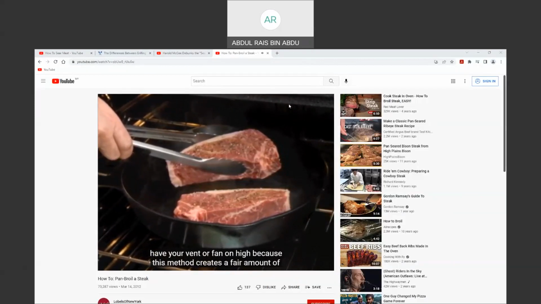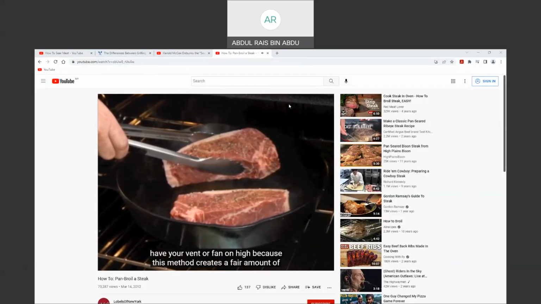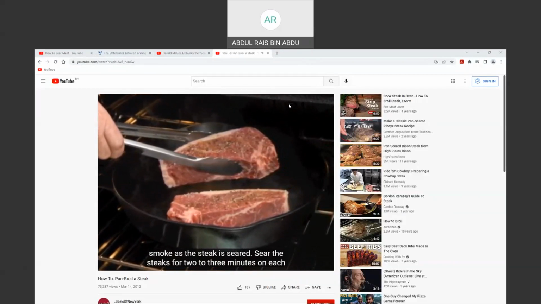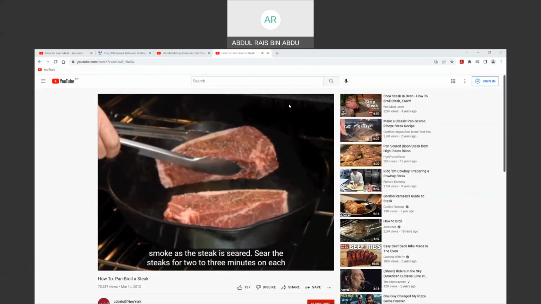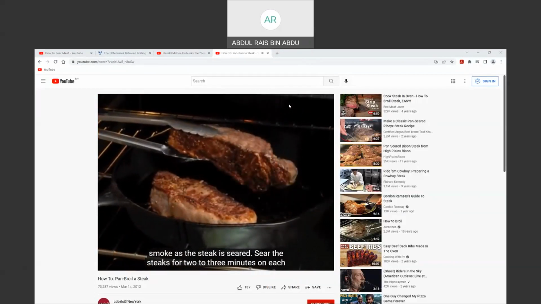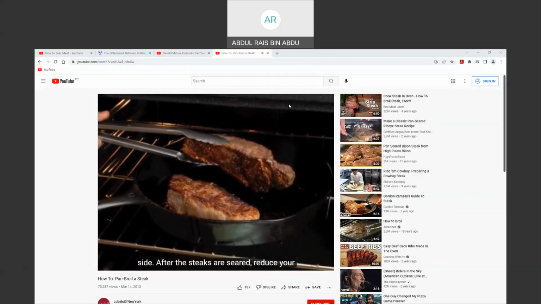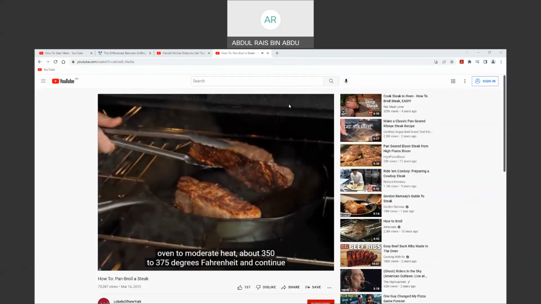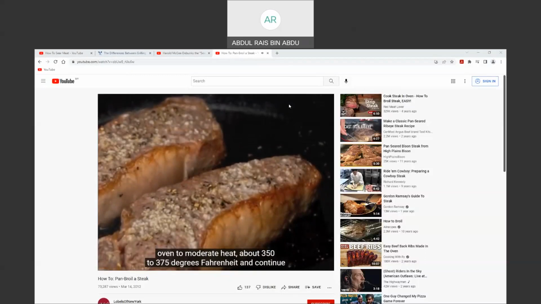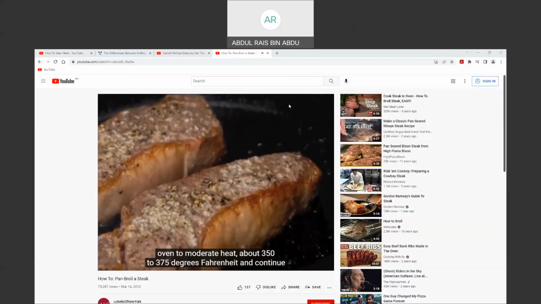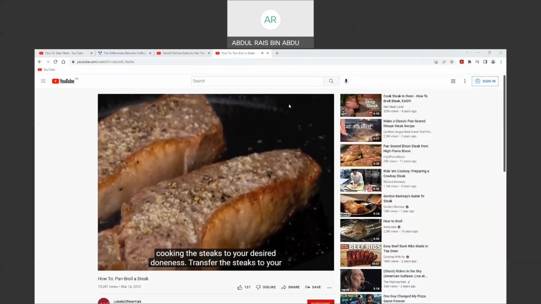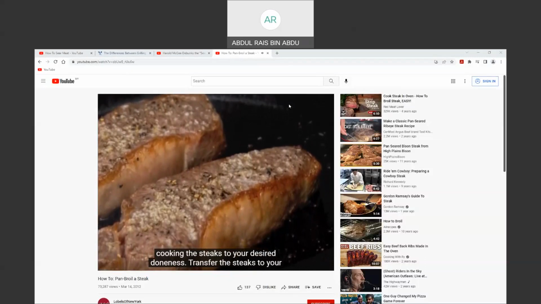Also, have your vent or fan on high because this method creates a fair amount of smoke as the steak is seared. Sear the steaks for 2 to 3 minutes on each side. After the steaks are seared, reduce your oven to moderate heat, about 350 to 375 degrees Fahrenheit, and continue cooking the steaks to your desired doneness.